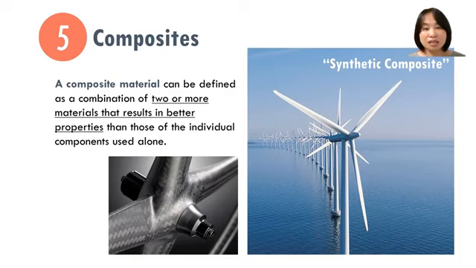The example here could be the carbon fiber reinforced composite wheel on the left-hand side, or this wind turbine in the middle of the sea, huge and tall. They are synthetic composites.